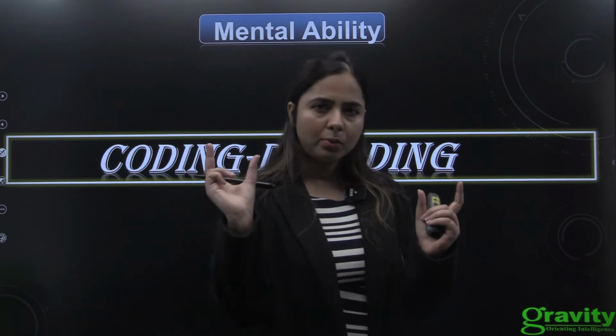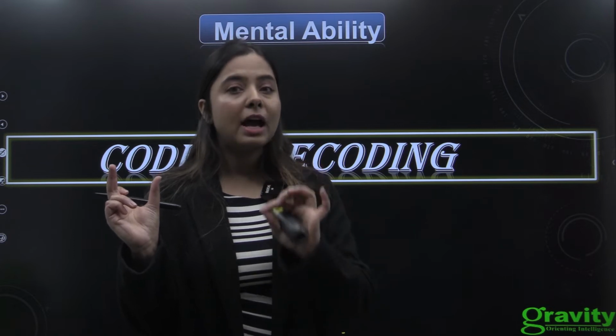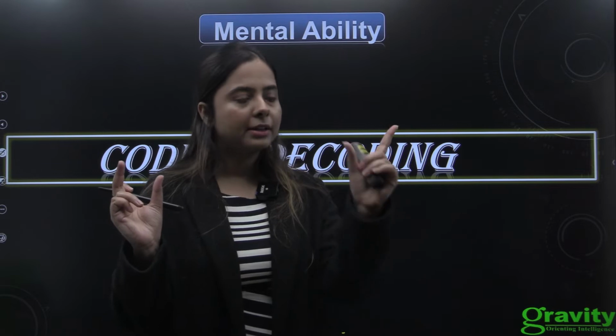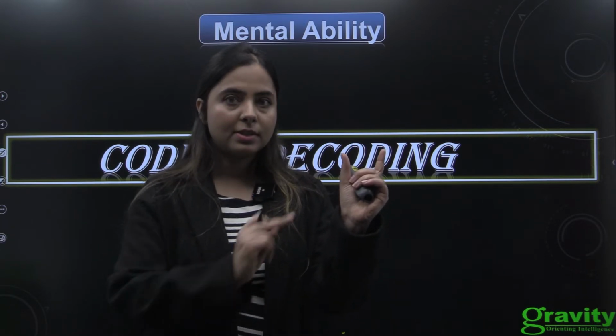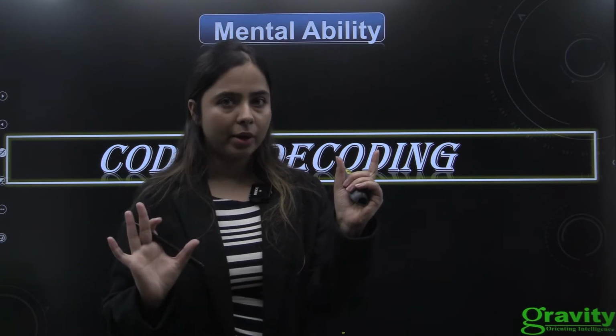This coded word doesn't have to make any sense on its own. We just have to figure out the pattern or the code to arrive back at the original word or the equivalent meaning. And this process of arriving back at the original word is called decoding.